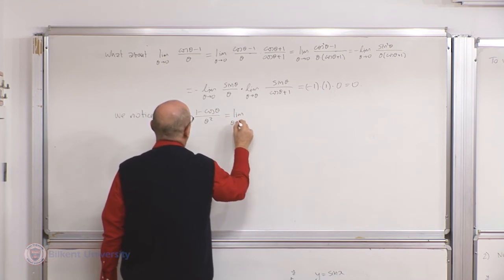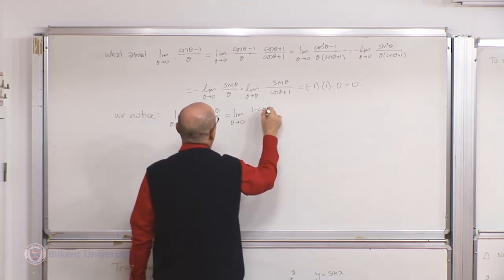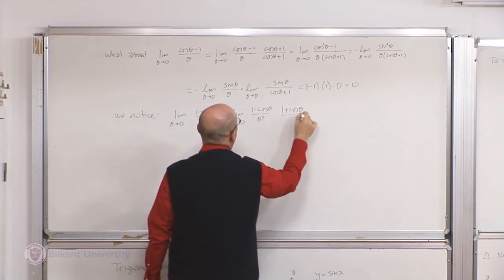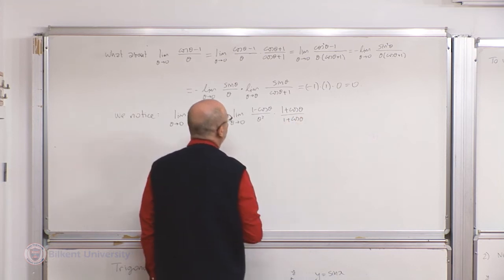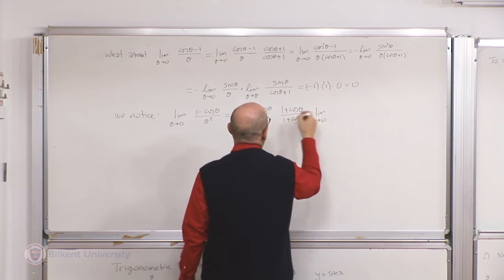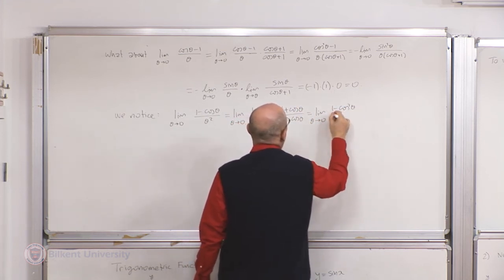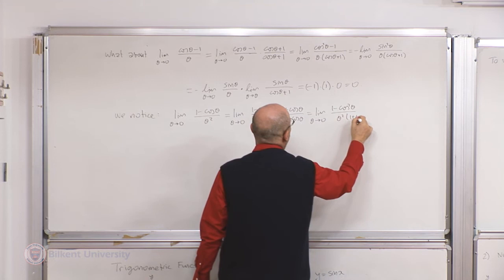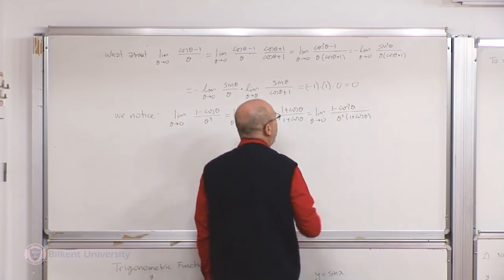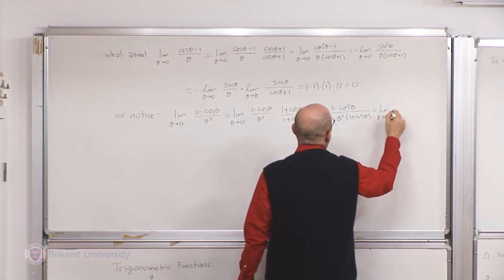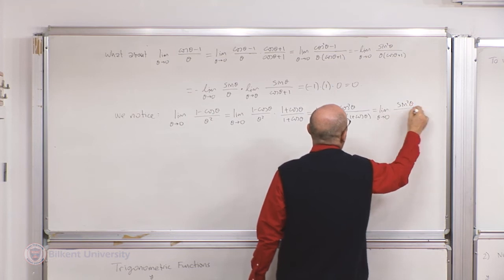Limit as theta goes to 0 of 1 minus cosine theta over theta squared times 1 plus cosine theta over 1 plus cosine theta. So this is the limit of 1 minus cosine squared theta over theta squared times 1 plus cosine theta, which is the limit of sine squared theta over theta squared times 1 plus cosine theta.